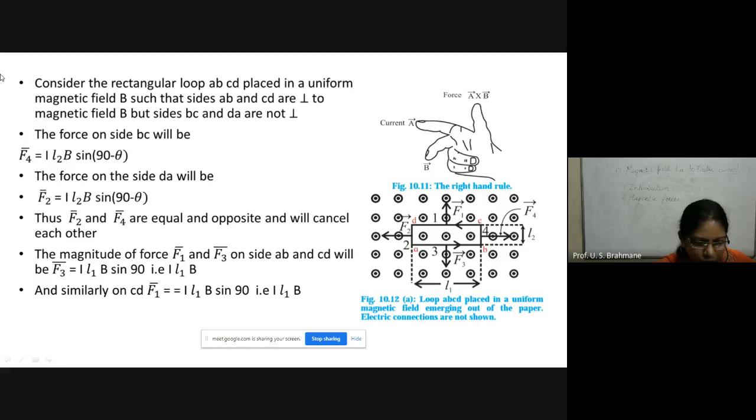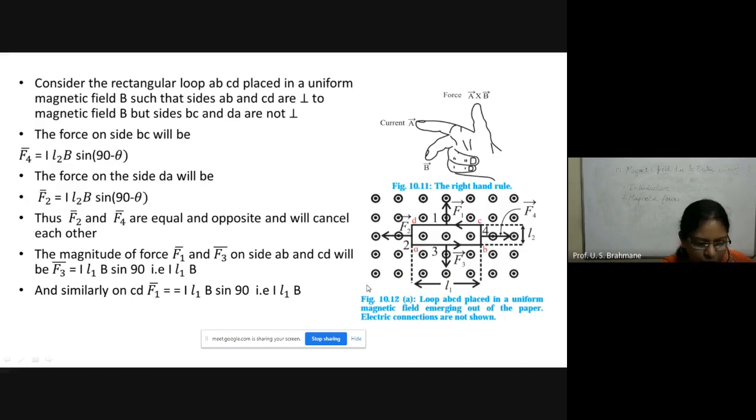Now F4 is equal to I L2 B sine of 90 minus theta, from the relation we have seen above. For side AD, the magnitude of the force is the same: F2 is equal to I L2 B sine of 90 minus theta.